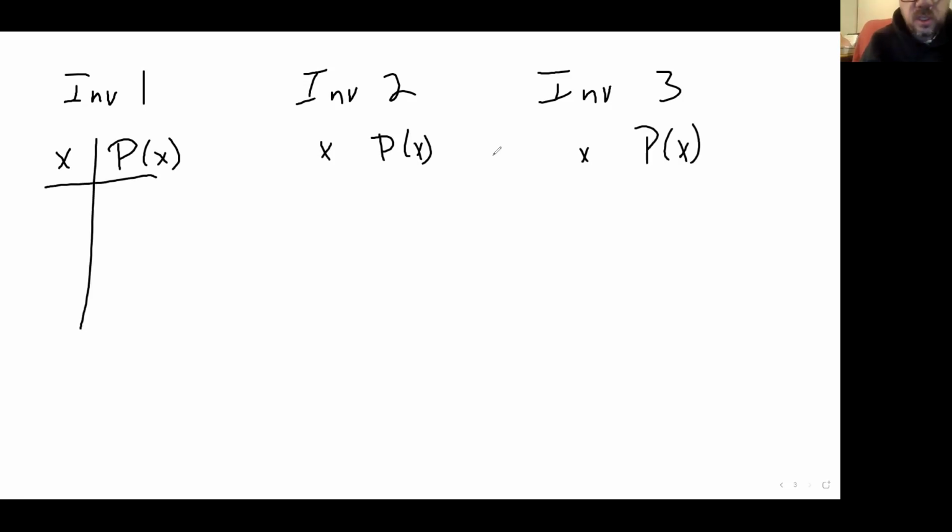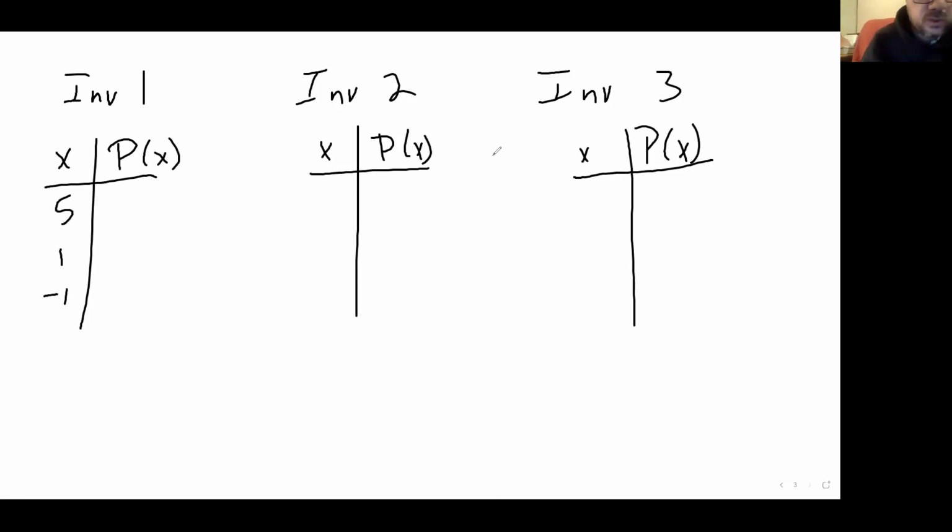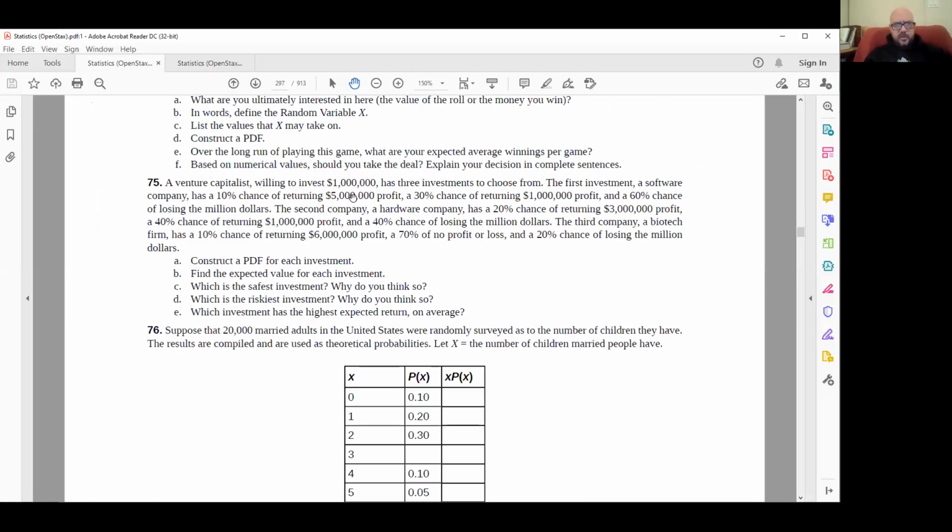I'm going to do everything in denominations of $1 million since everything is given in denominations of $1 million. So the first one, we could have $5 million profit, a $1 million profit, or lose $1 million. It's 10% to get +5, 30% to get +1, and 60% to get -1. So 10, 30, and 60.